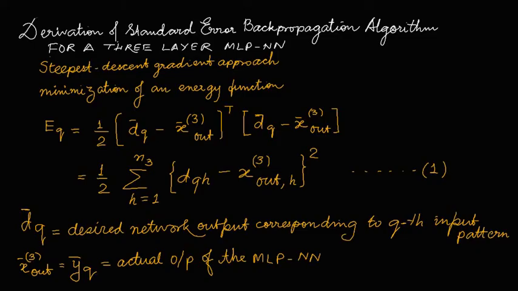Now this method which we are going to derive, the standard error backpropagation algorithm for weight update, is derived from this equation 1, and is also called the online method.